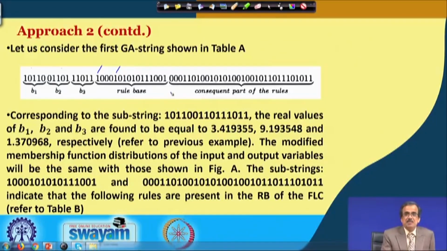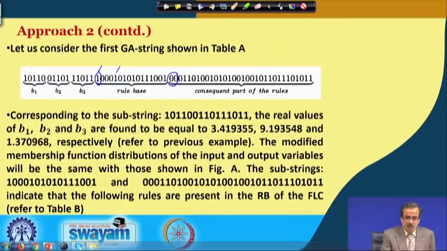Very easily you can find out what rules are there in the rule base. If the first rule is present, what should be its output is decided by these 2 bits.